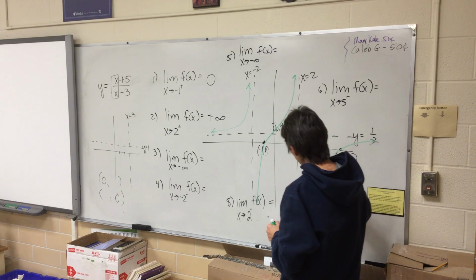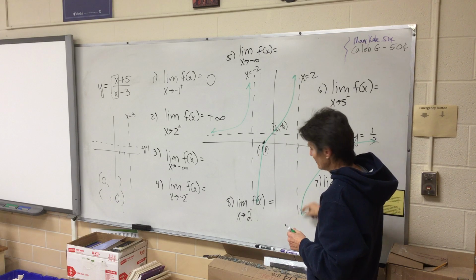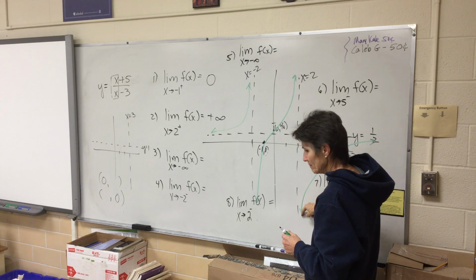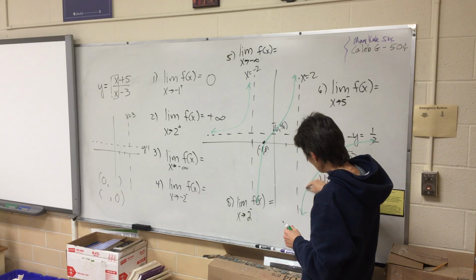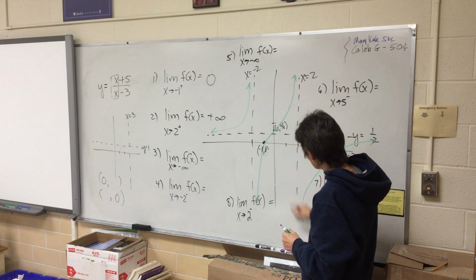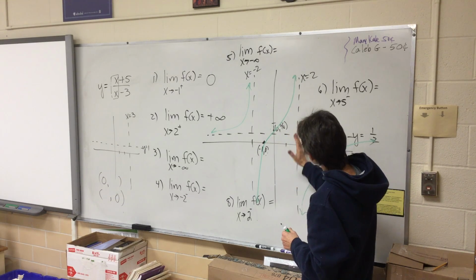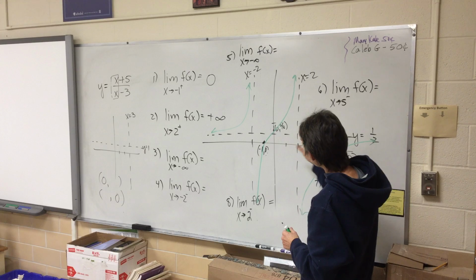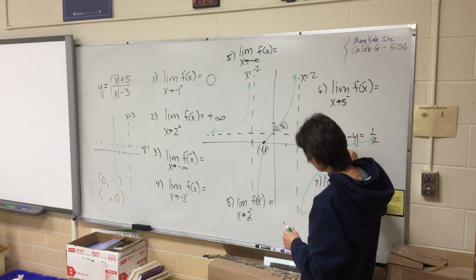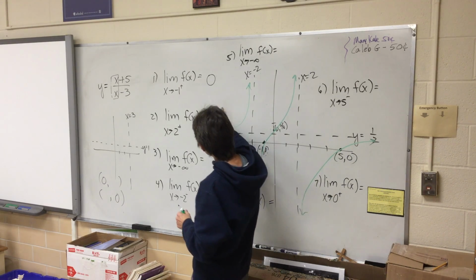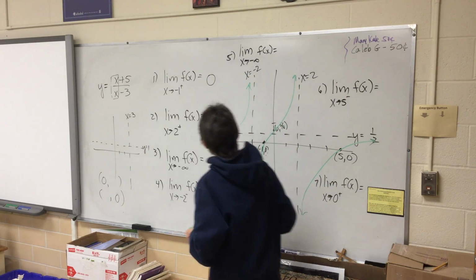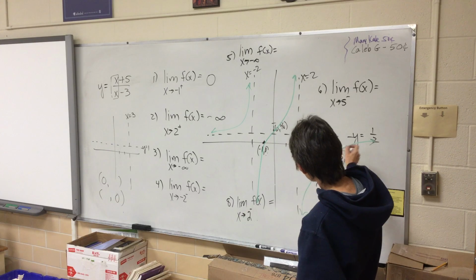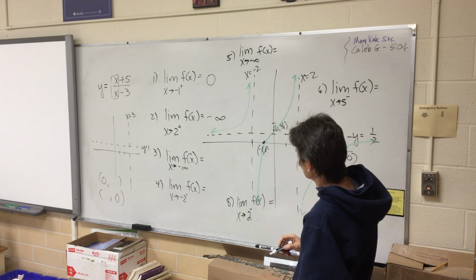As I follow my curve, I don't think I'm going to positive infinity. I'm going to negative infinity. That's going down, isn't it? So as you get closer and closer to 2 from the positive or right side, you're going to negative infinity, because the curve is going down on this side.